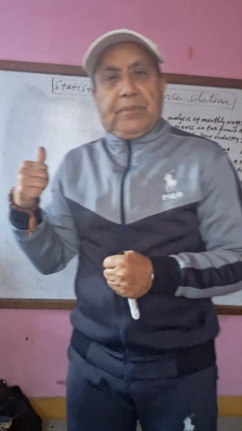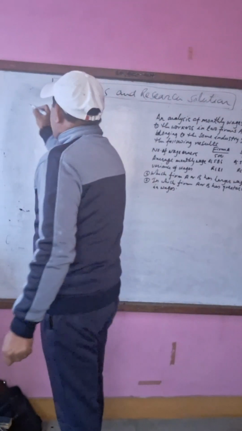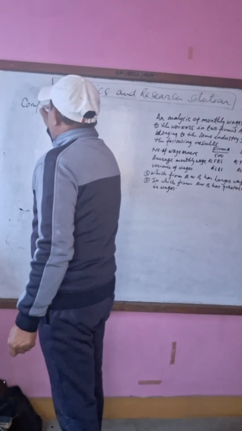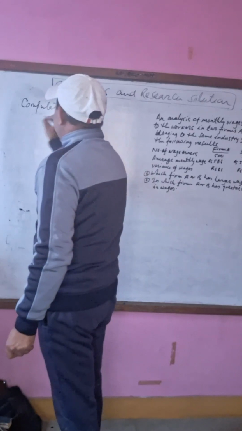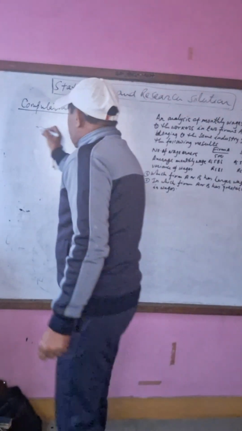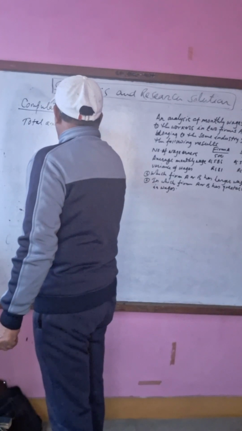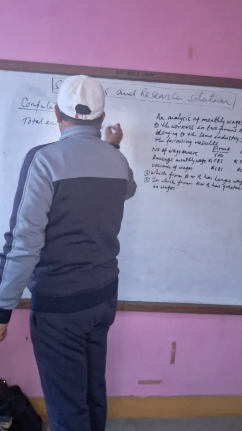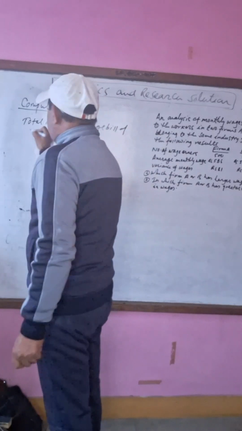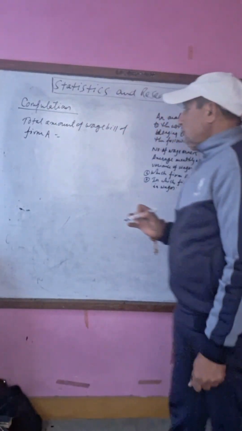Okay, let's start. At first, write computations, or calculation you can write. Total amount of wage bill of firm A, you calculate.